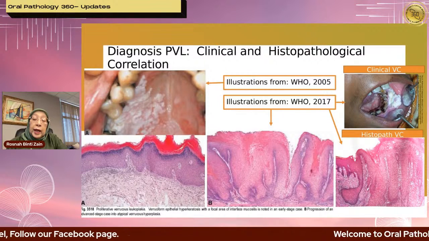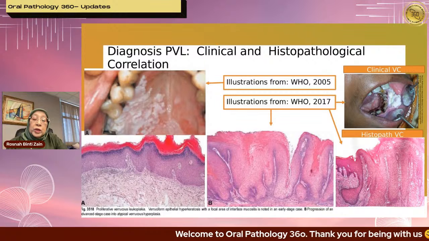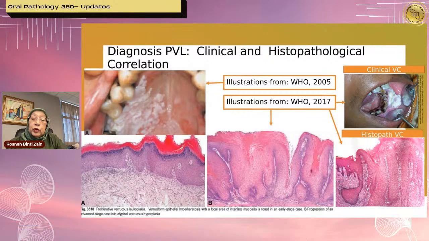Many years back, we redefined the clinical terminology to be exophytic verrucous hyperplasia, only because we recognize verrucous hyperplasia is a histological term, but we could not find a terminology to use clinically before you actually get a biopsy. Therefore, a group of us decided on exophytic verrucous hyperplasia.